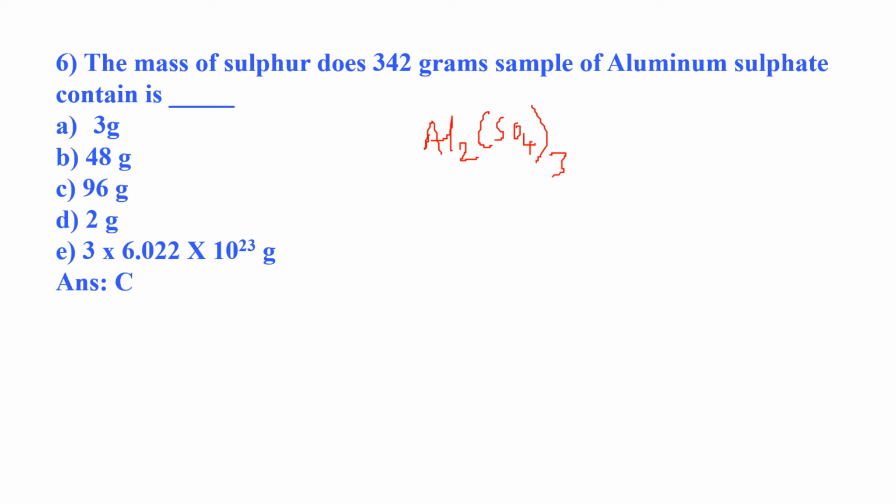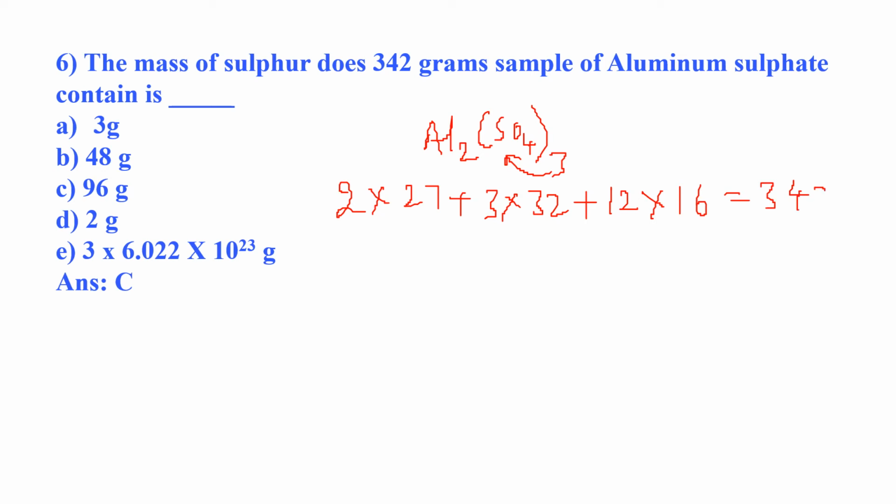First of all, we'll calculate the molecular weight of aluminium sulphate: 2 into aluminium, that is 27, plus 3 into sulfur, that is 32, plus 4 threes are 12, 12 into oxygen 16, which gives 342 grams of aluminium sulphate. Here it is asking only sulfur, which is 3 into 32, that is 96 grams. That's how C is the right answer.